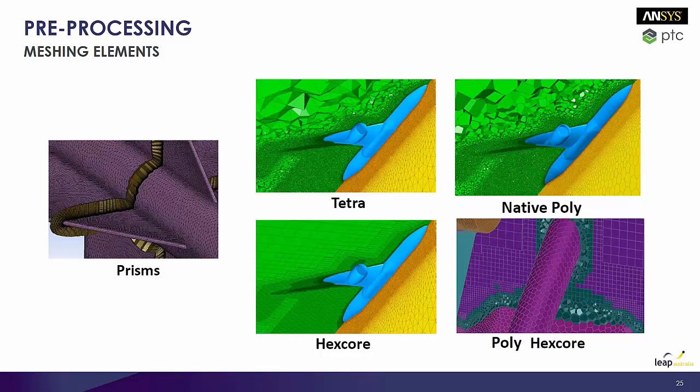What I would recommend, which is new to ANSYS 19, which is why I recommend people install it, is polyhex core. Again, you can have prism layers on the surface, you've got polyhedral elements, and then you transition out to hexahedral elements. Due to the poly elements, it's got a smaller grid, so it should run quicker.